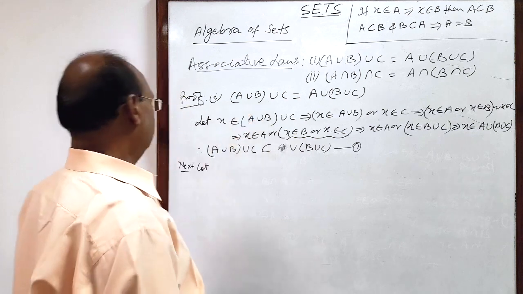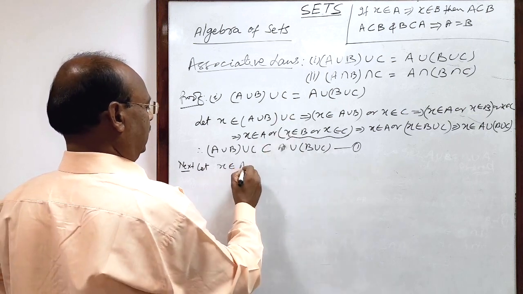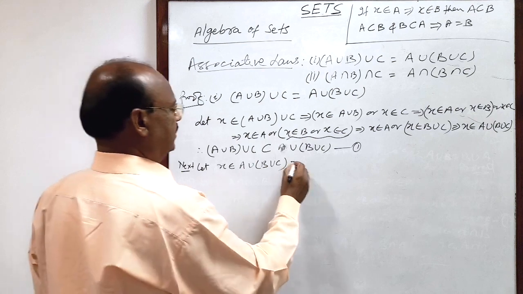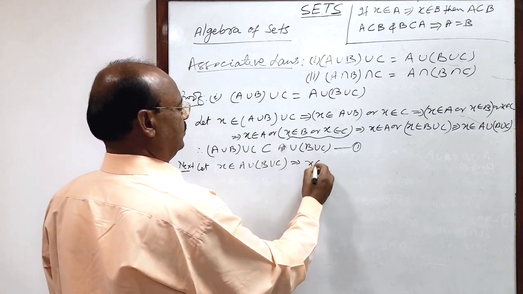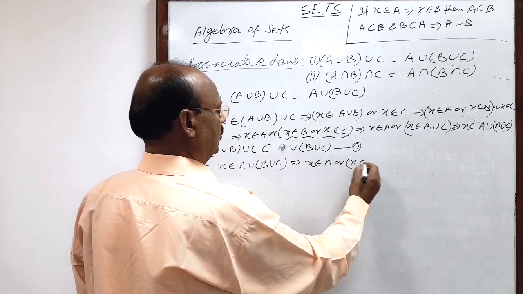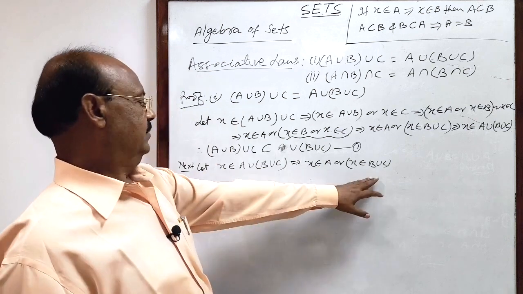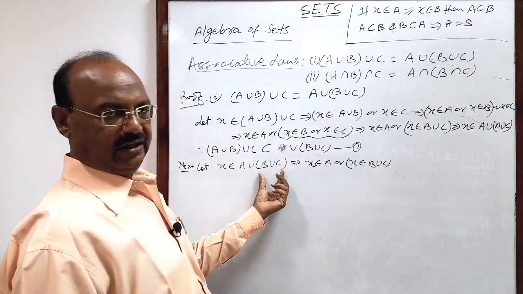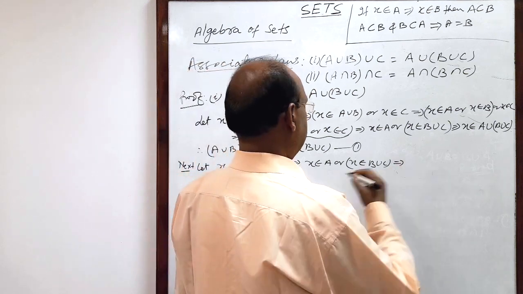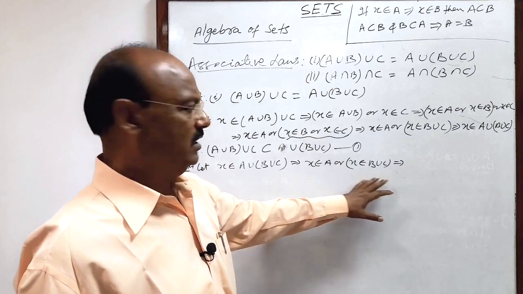Okay, so let X belong to A union (B union C), and this implies that X belongs to A or X belongs to B union C. We are keeping it inside a bracket because the bracket is already here in B union C, and here the bracket has no such significance.